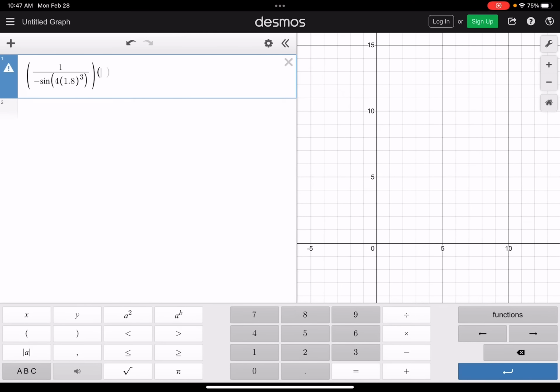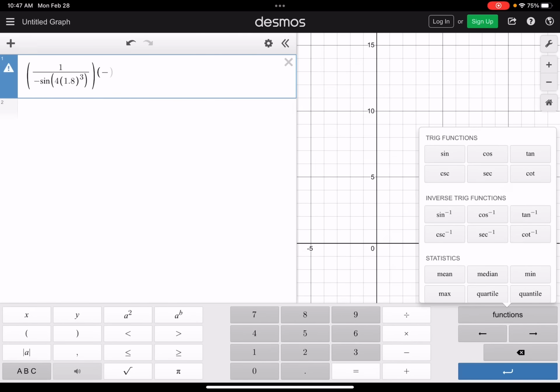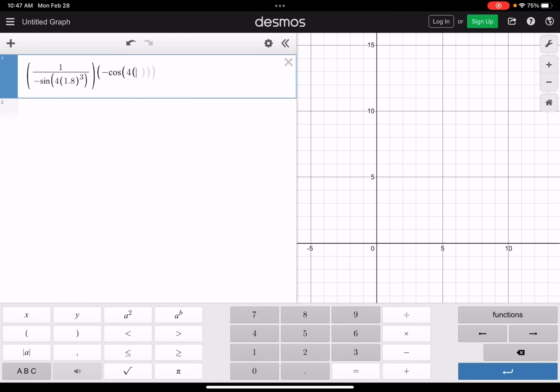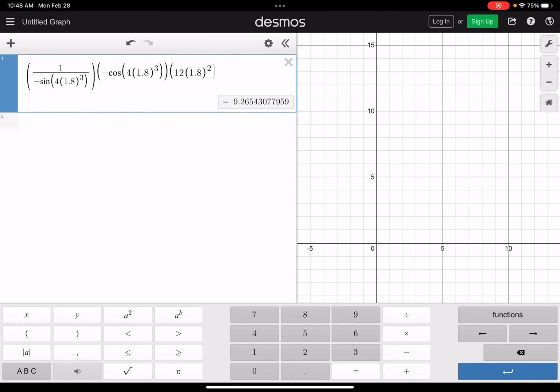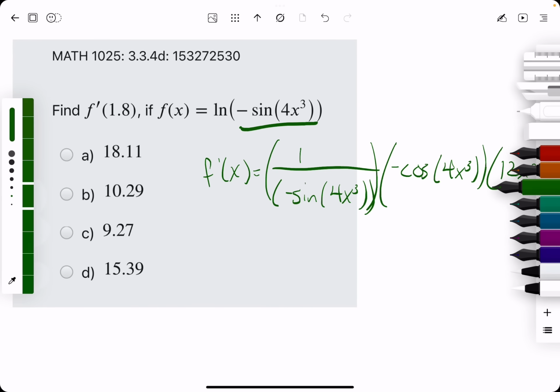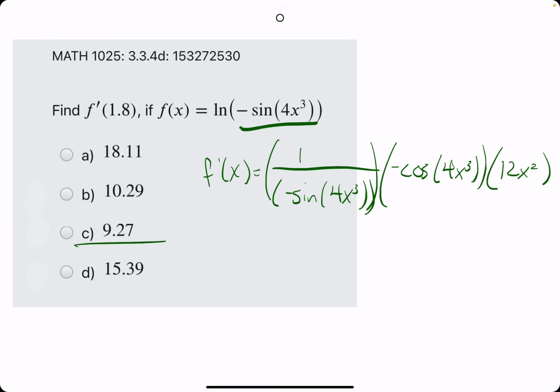And then negative sine had a derivative of negative cosine of 4x cubed. So 4 times 1.8 cubed. Then 4x cubed has a derivative of 12x squared. So 12 times 1.8 squared. Close that off. We get 9.26, 9.27 if we round. So it looks like option C is our best choice.